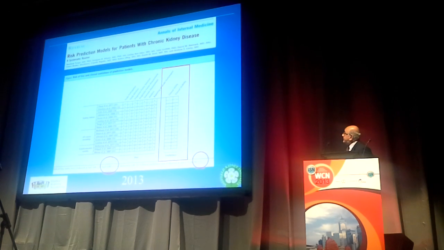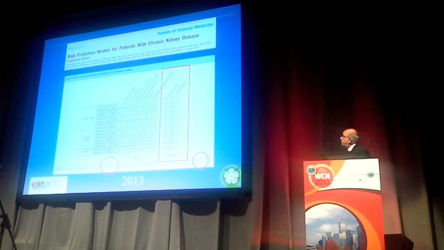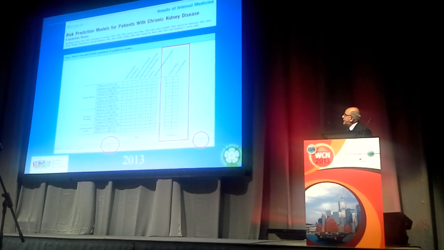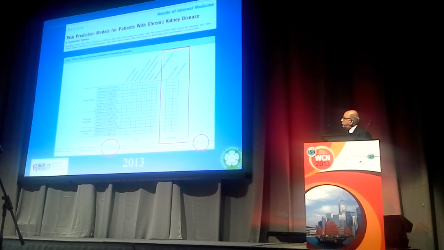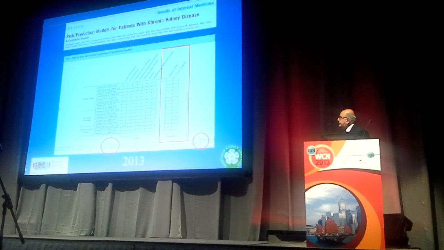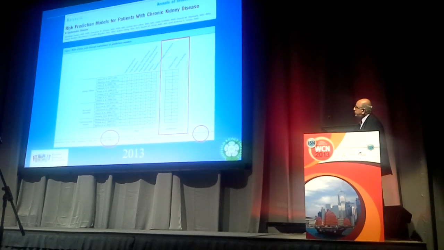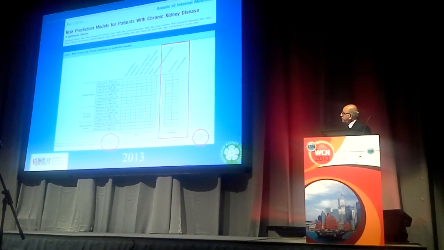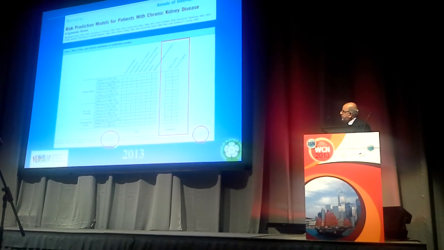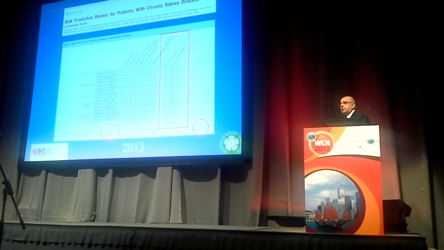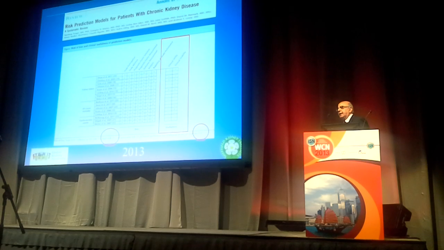More recently, Tangri and Andy Levey in Boston looked at prediction equations and risk stratification and the various studies predicting kidney failure, all-cause mortality, or cardiovascular events. They looked at the validity and the quality of these studies, and if there is a risk of bias, it's positive, and the majority of these studies, for one reason or another, had an element of bias.